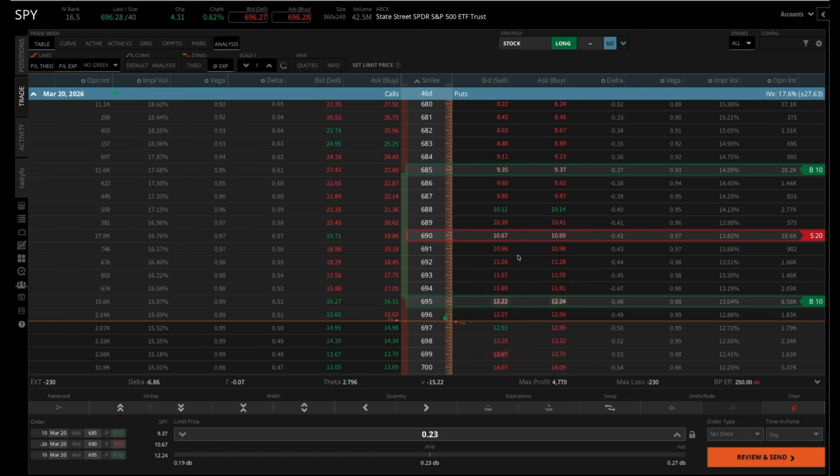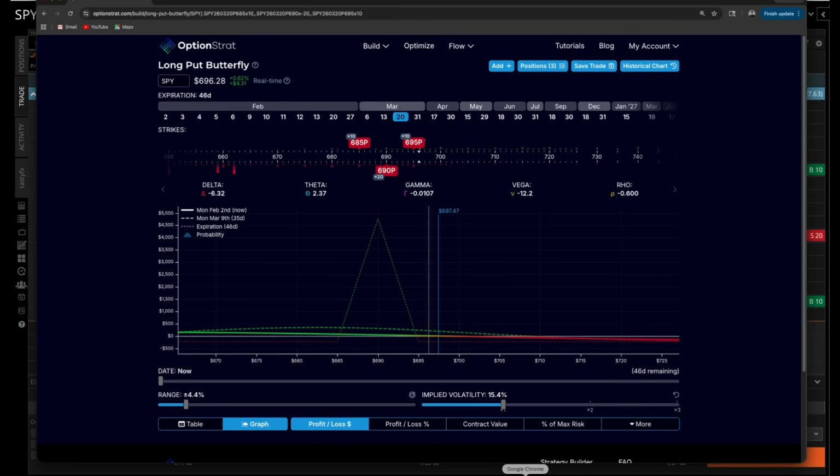So let's look in the OptionStrat software just to take a look at those two different structures just to compare them. So here we are, there's the original structure, and we can see here that we're in the symmetric out of the money put butterfly spread that we started with.